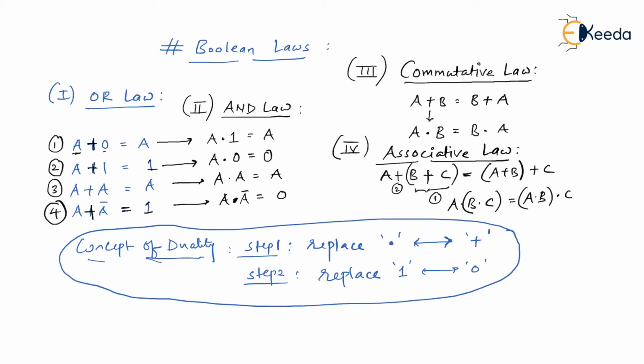This is what we call associative law. So far the laws are very simple. Okay, let's move to the next law. Moving to the fifth category, that is distributive law. So the fifth category is distributive law.